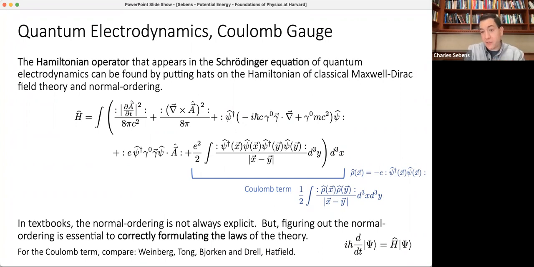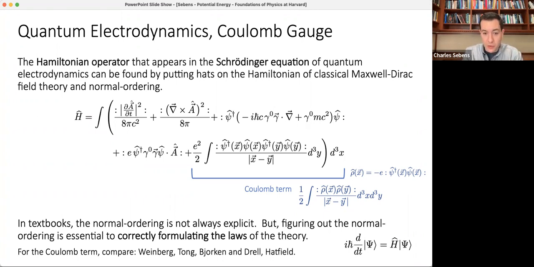Specifying the Hamiltonian is specifying the laws of the theory, because specifying the Hamiltonian is specifying how the Schrodinger equation is going to work. So for me, at least, the way I understand quantum electrodynamics, this is ground level. So we're asking, what is the Hamiltonian of quantum electrodynamics? What should we posit? What's going to work well? And I think what works well is doing this normal ordering. So I think we should normal order each term.